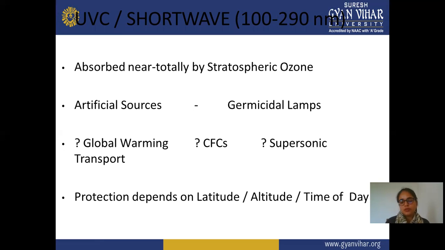These are some properties of UVC light, and it varies with time of day, morning or evening, and the latitude and altitude. So UVC light does not affect any person or cause any harmful effect to your skin. UVA and UVB show some more dangerous problems, but UVC does not show such problems.